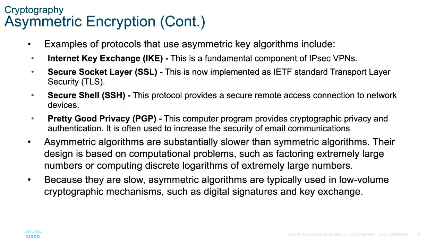They need to compute larger numbers and use specific discrete algorithms, and this takes more time. Because of this, it's typically used for low volume traffic, such as signatures and key exchanges.